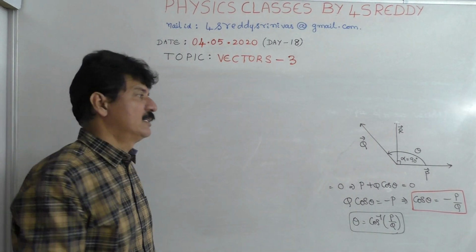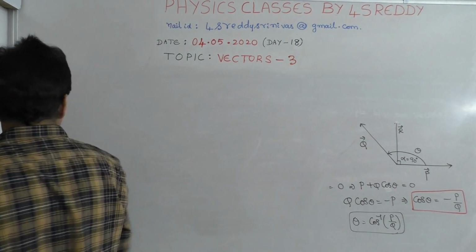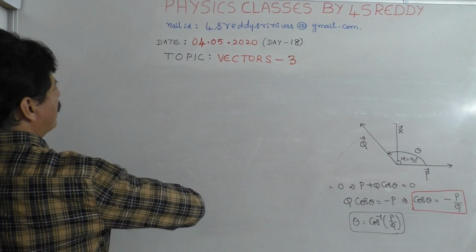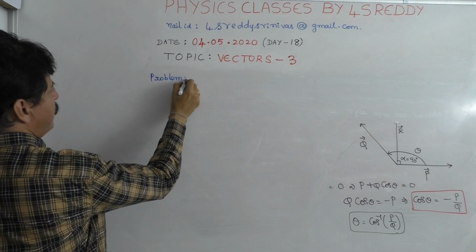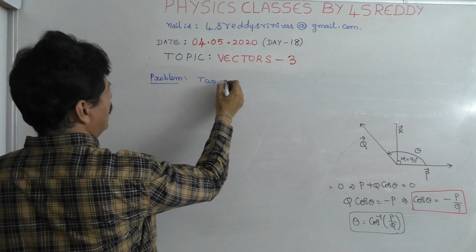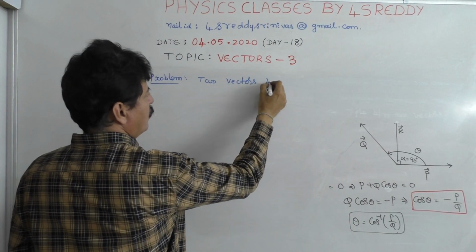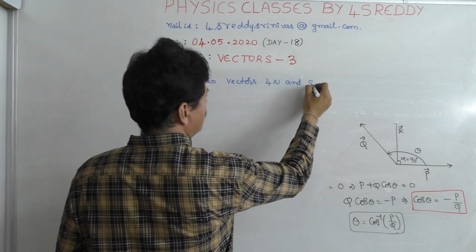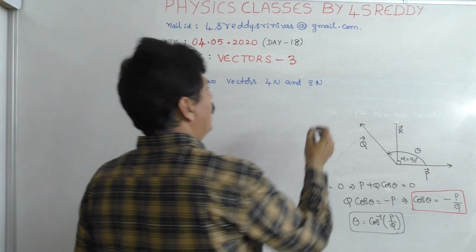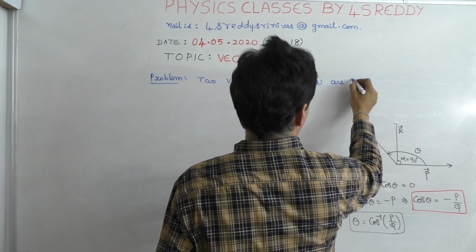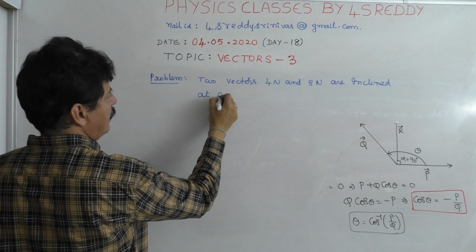Suppose you are given like this. That is a problem based on the same concept. Two vectors, 4 Newton and 8 Newton, are inclined at a certain angle.